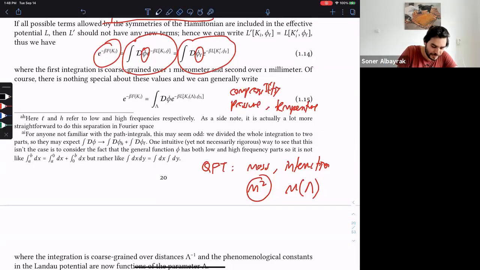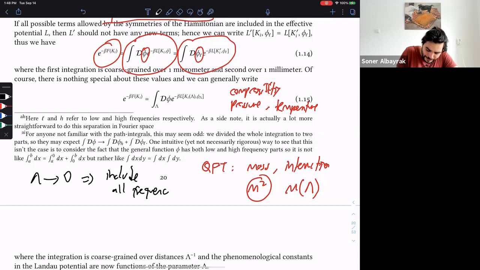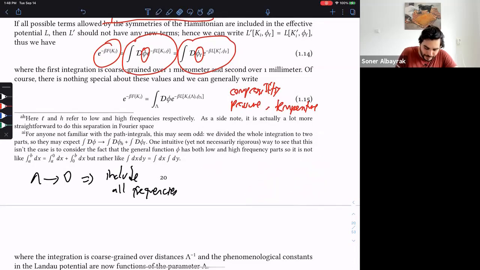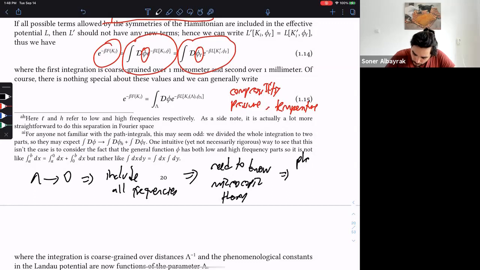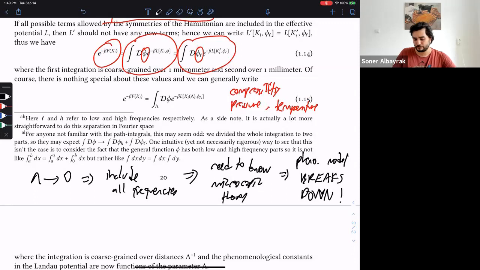So when you take lambda to 0, you include all frequencies, all interactions, all fluctuations at any scale, and we need to know the microscopic theory to do that. So our phenomenological model breaks down. We cannot take lambda to 0.